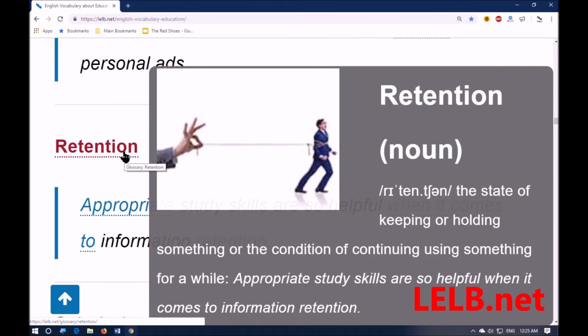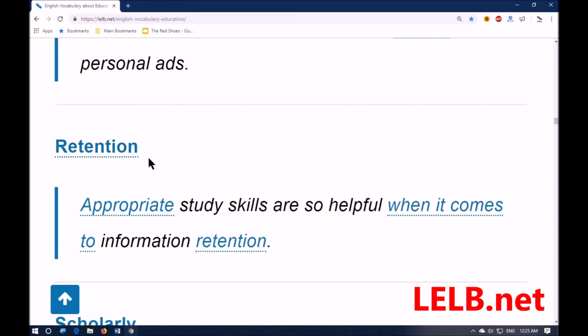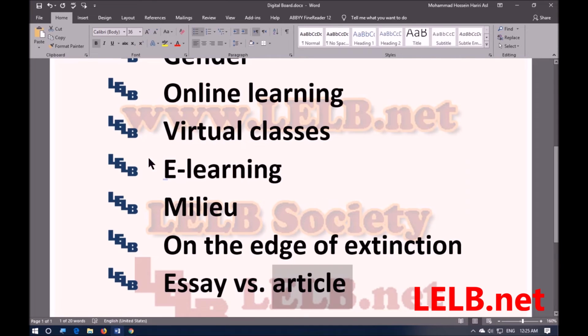Retention. It means the state of keeping or holding something, or the condition of continuing using something for a while. The verb is retain, remember?